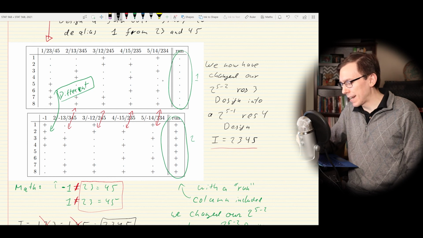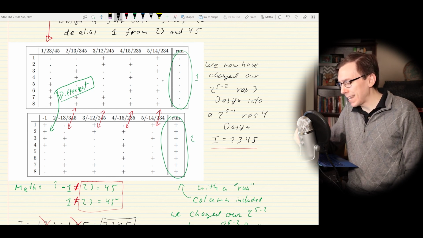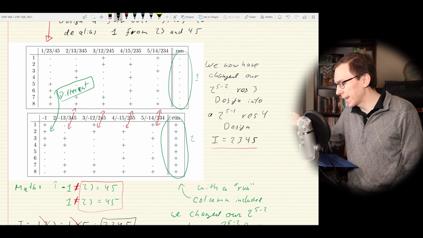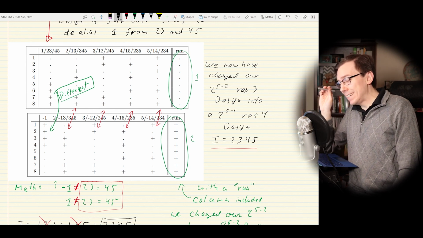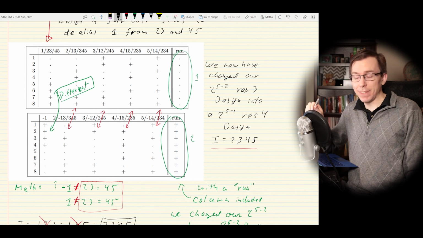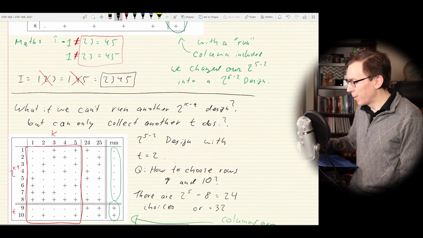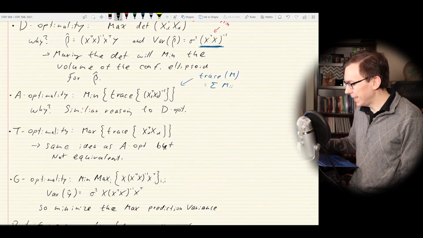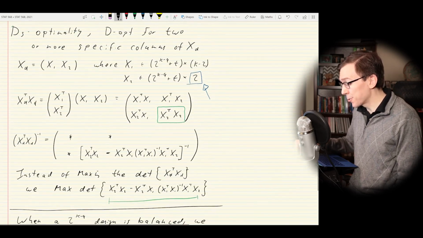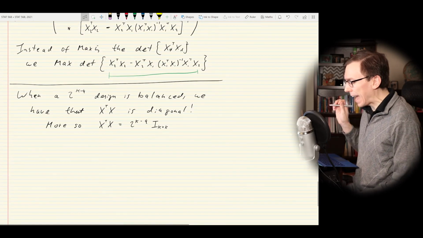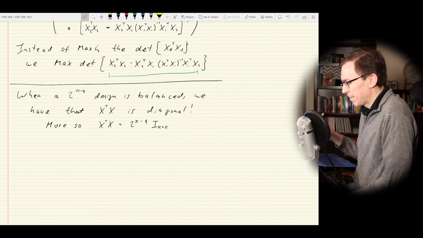If I did it with the entire 16-row matrix, I would have +8 minus 8 equal to 0 again. So this idea of balancing is really nice. It means that X transpose X is diagonal, and our design matrix is orthogonal, has orthogonal columns.